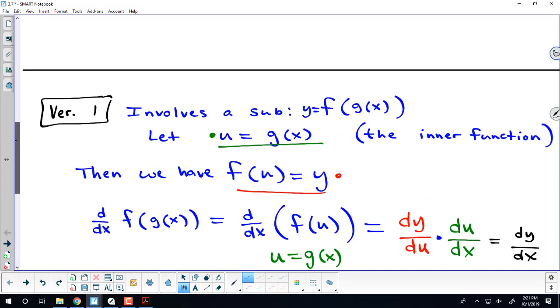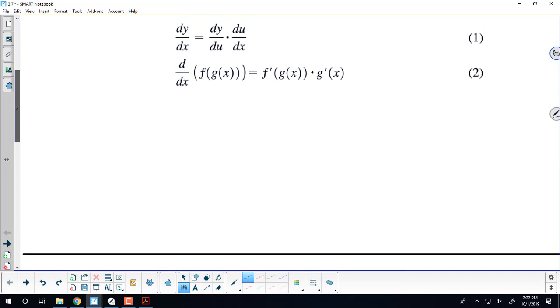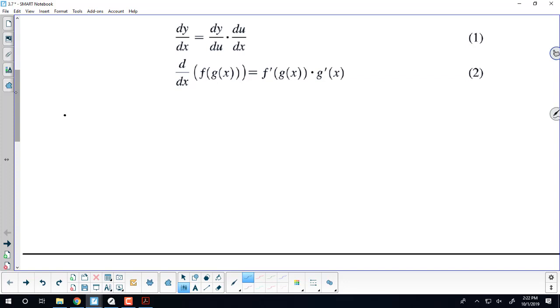So our substitution is the function on the inside, and it really depends on what the function looks like. Your inner function is your substitution if you're using version 1. So maybe if we write a few examples of how this is beneficial, or how this shows up.